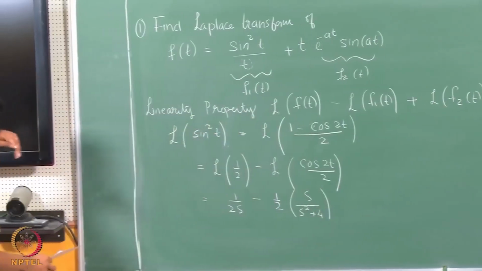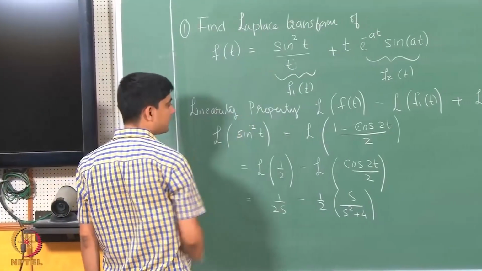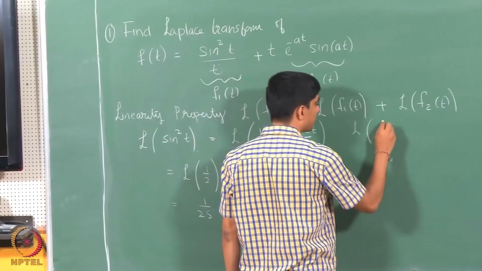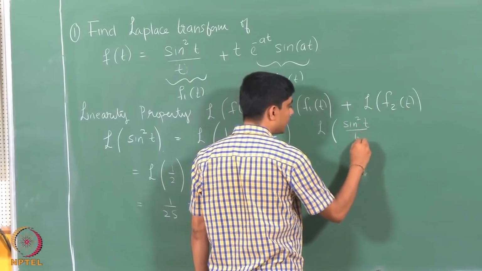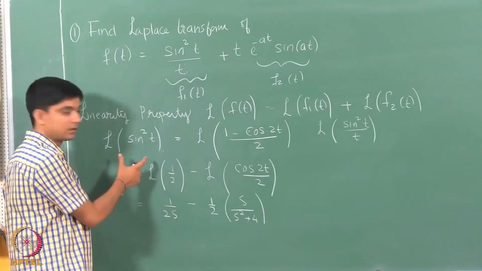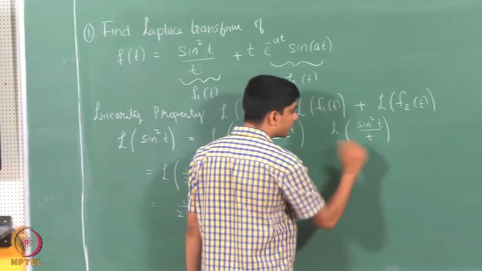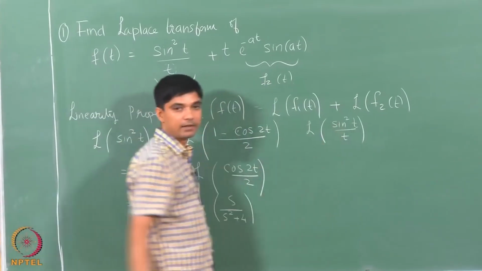Okay. My original signal is of the form sine square t by t, right. So, I need to find the Laplace transform of sine square t over t. Okay. So far I have found the Laplace transform of sine square t. Is there any property which helps me in finding the Laplace transform when I just divide a signal by t, right.